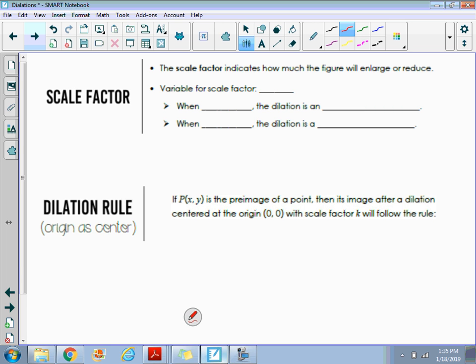What they call your scale factor, for whatever reason, is K. When they refer to a scalar or a scale factor, it's K. If K is bigger than 1, it's going to be a stretch, or enlargement.